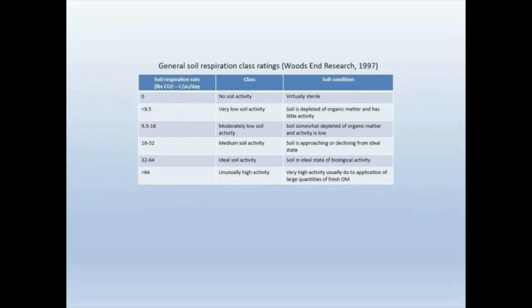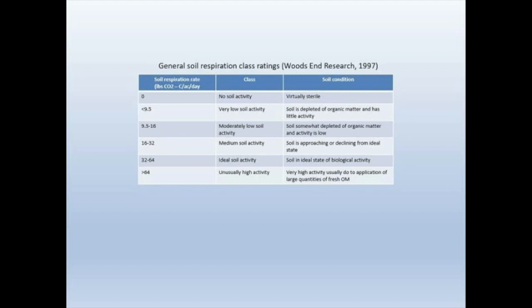One place we are starting is with soil respiration. What we do there is capture the gas coming out of a known area of soil, and then we look at how many pounds of CO2 per acre per day are liberated, are being turned over, by measuring the carbon dioxide. If we have very low activity, virtually sterile, we're at 0. If we get less than 9.5, we have a soil that is depleted of organic matter.